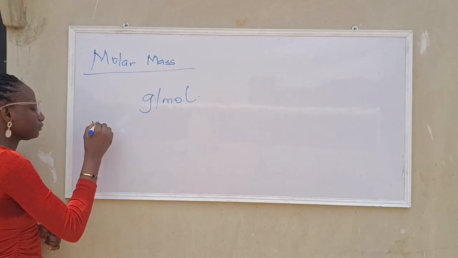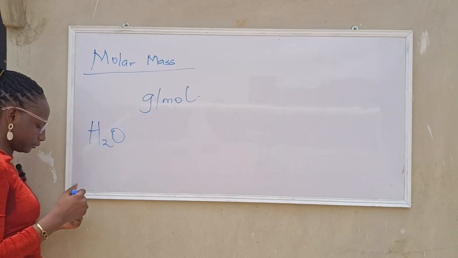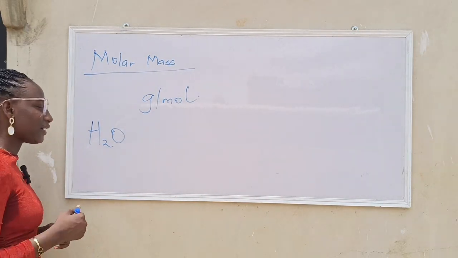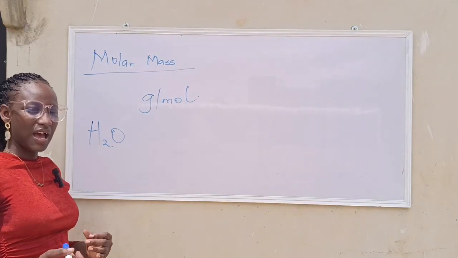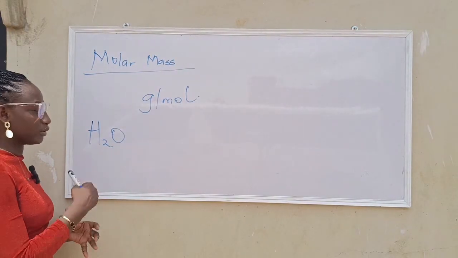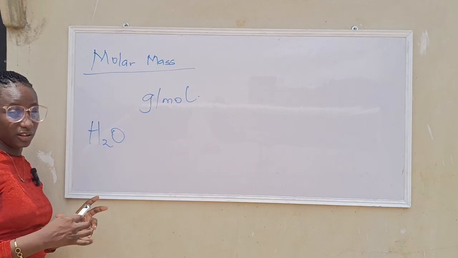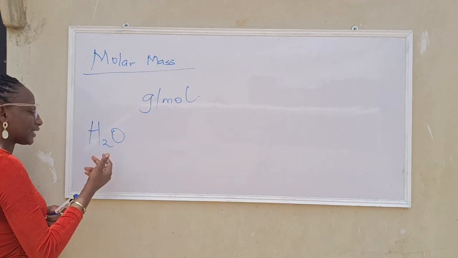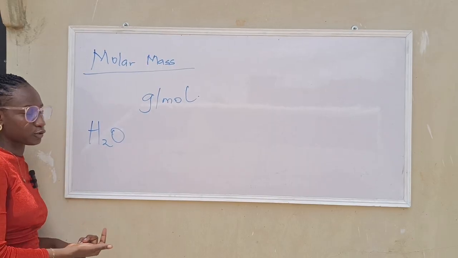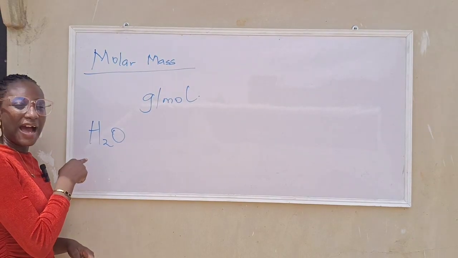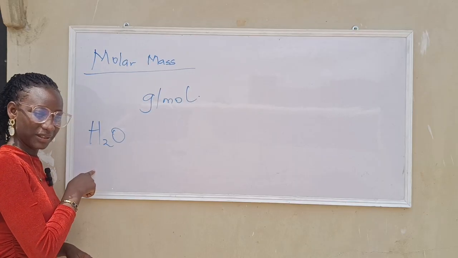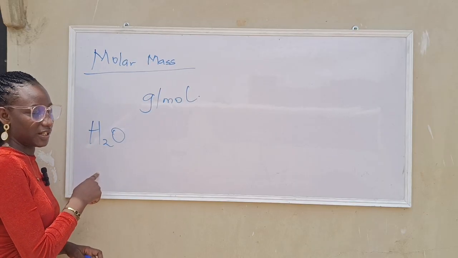let's consider water. How do we get the molar mass for water? First, we need the atomic mass, and we also need to know the number of atoms, which is always shown in the chemical formula for the compound. In this case we have 2 hydrogen atoms and 1 oxygen atom, so you multiply the atomic mass of the particular element times the number of atoms that you have.